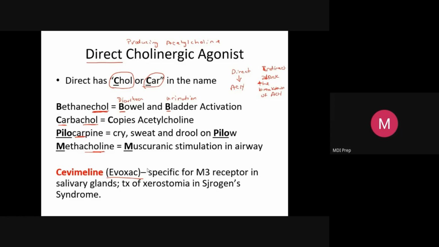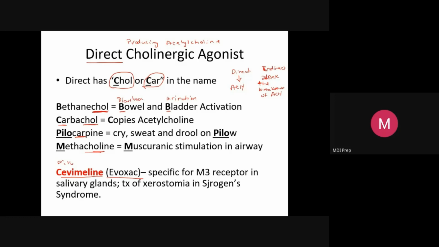Hold on. You're going to have to repeat that. I think I must have lost what you said, so say that again. Oh, sorry, my mistake. No, it is a direct cholinergic because it's good for lacrimation. Okay, good, because that's one of the effects of cholinergics, right? Yes, it's my mistake.